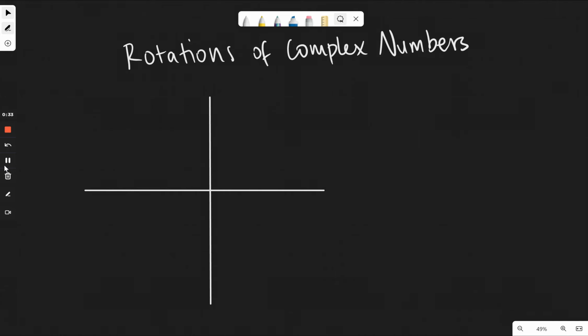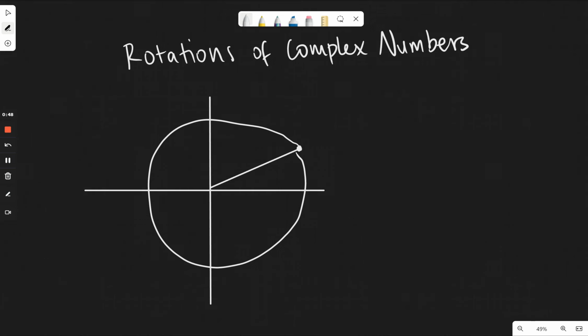So first, let's say we have some coordinate on the unit circle. This is going to be the point on our beautiful unit circle, because I am clearly very good at drawing circles. And let's say this is at the angle pi over 6.